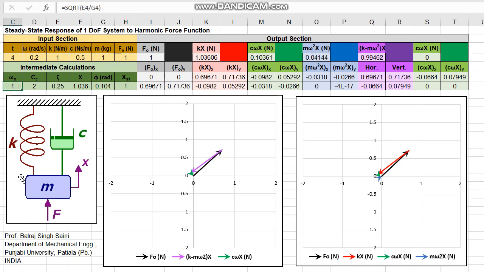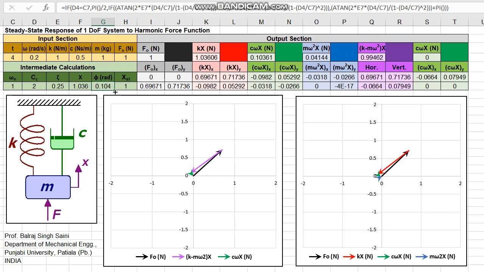So here we have the cyclic natural frequency again in radians per second, the critical damping coefficient, the damping factor or damping ratio. Here comes the amplitude of the oscillations undergone by this mass m. Then we have phase angle phi. This is a bit tricky.